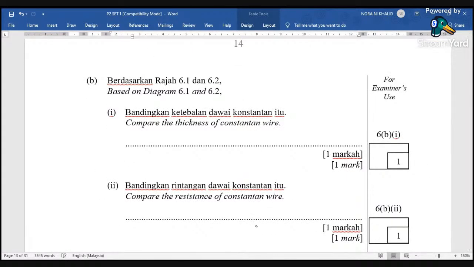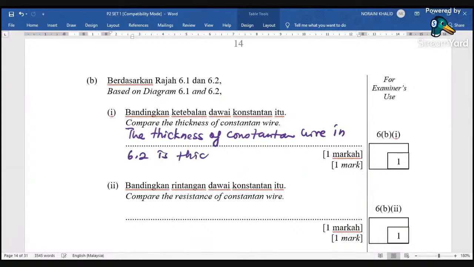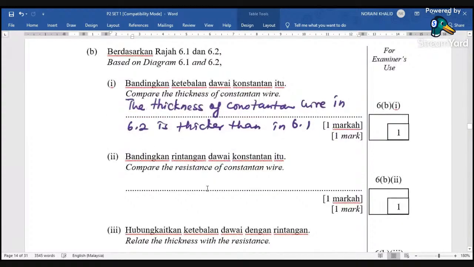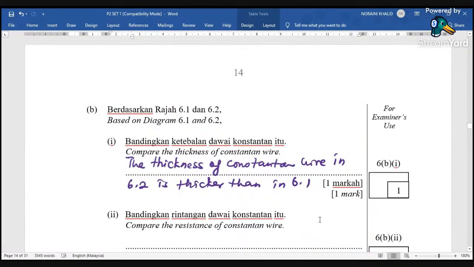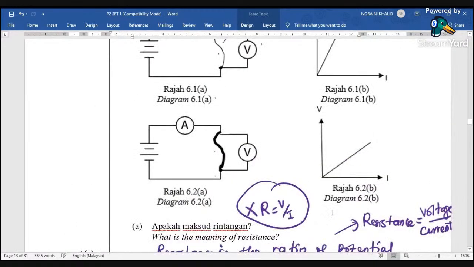Compare thickness of constant wire. Try to write clearly: the thickness of constant wire in 6.2 is thicker than in 6.1. Compare resistance of constant wire. Just now you started with 6.2, now look at the 6.2 graph.